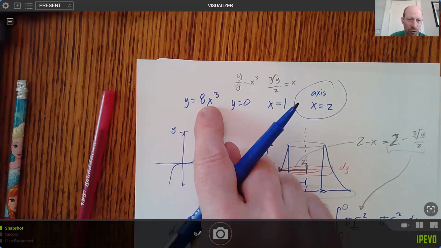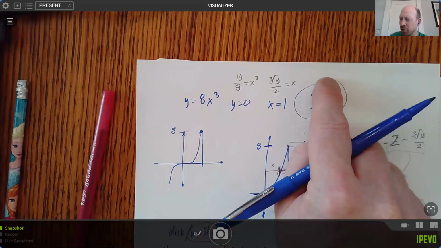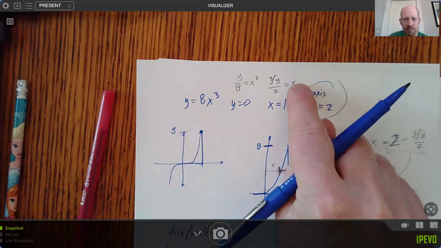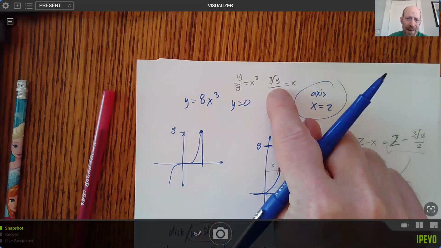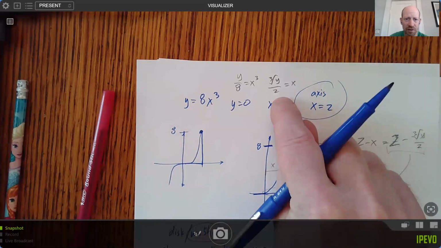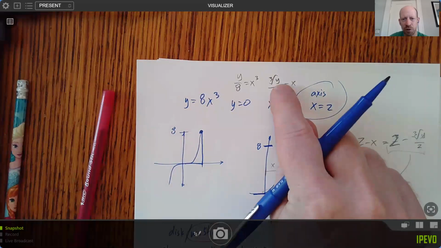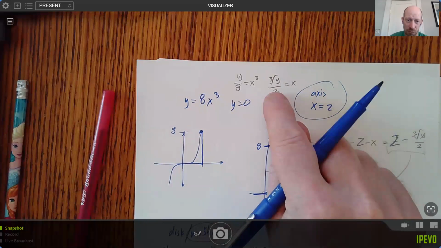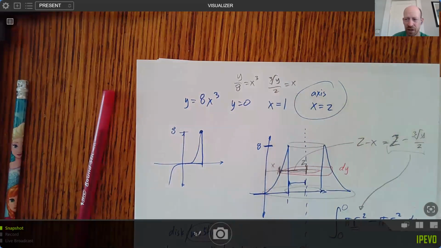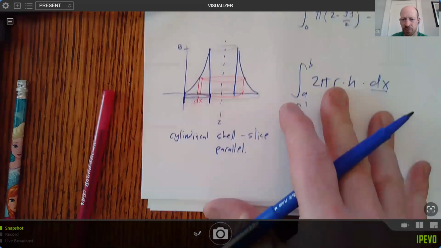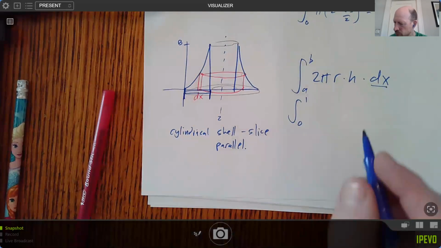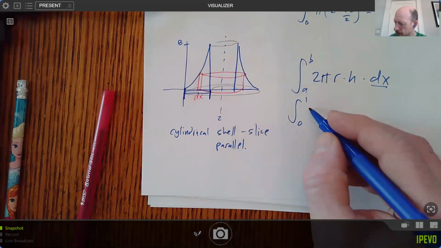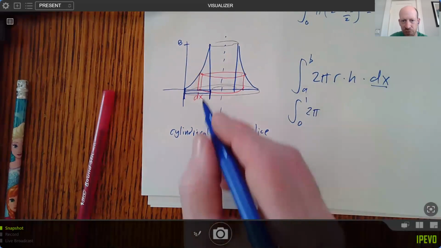I don't mind polynomials, x to the 4th or 5th or 10th, that's all fine. It took a little bit of work to solve it to go back the other way. That's possible in this case and not too hard, but I'd rather work with x cubed than the cube root of y for integration and evaluation. So I have my bounds. Now I need to figure out the radius.